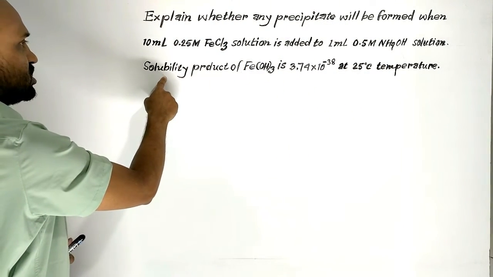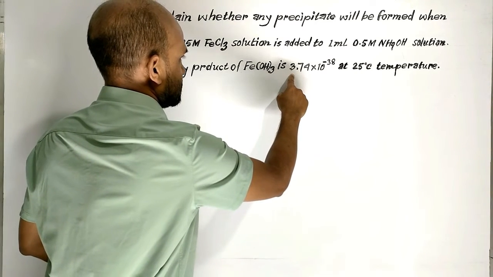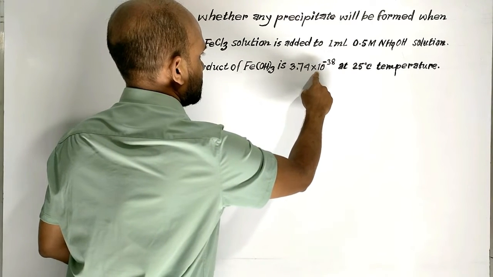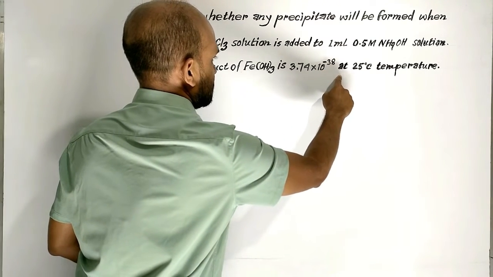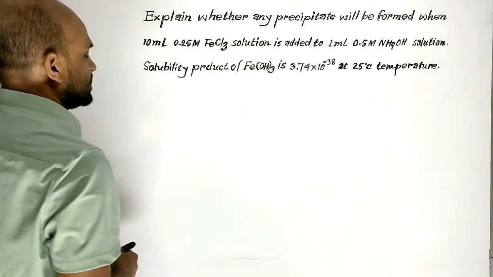Here, the solubility product of ferric hydroxide is given, that is 3.74 times 10 to the power minus 38 at 25 degrees Celsius temperature. Let us clarify the problem.